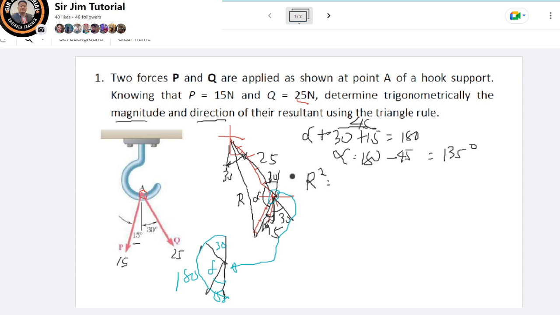R squared, this side is 25 squared, plus this side, which is 15 squared, minus 2 times 25, and then 15, and then cosine of this angle alpha, which is 135.